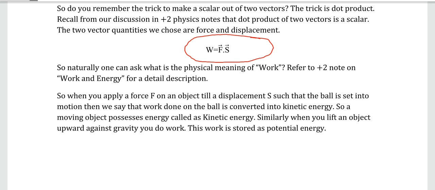So making a scalar from two vector quantities makes our life easier. That's why we define something called work done, to make calculations easier. Okay, let's move forward.